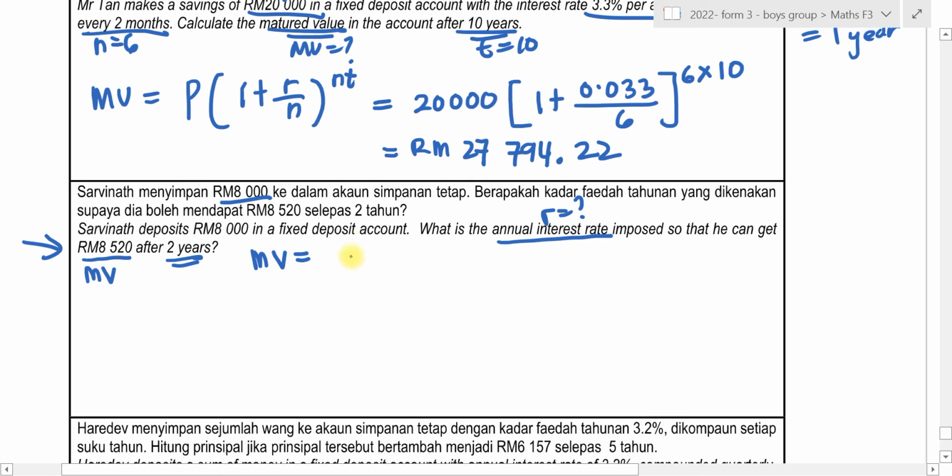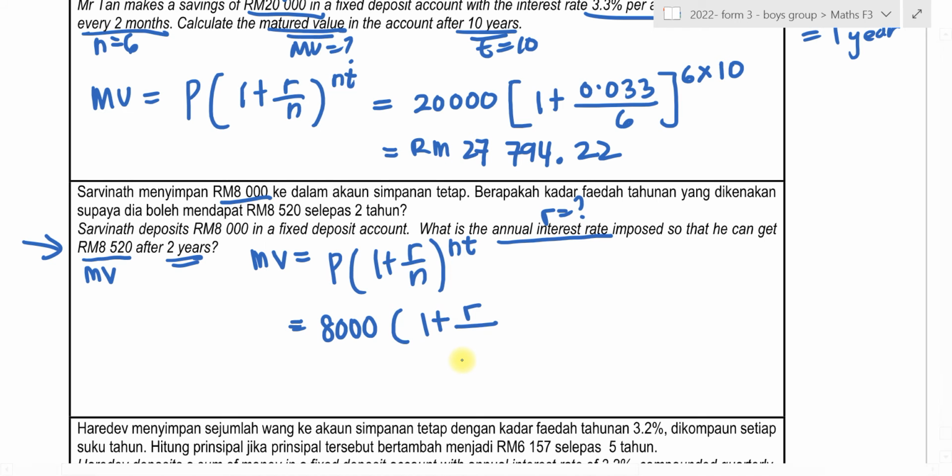So we try to simplify first. Write the formula first: P(1 plus R over N) to the power NT. So the principal was 8,000 ringgit. 1 plus R, we don't know. And then the N, okay, this question, they never tell whether it is compounded how many times.